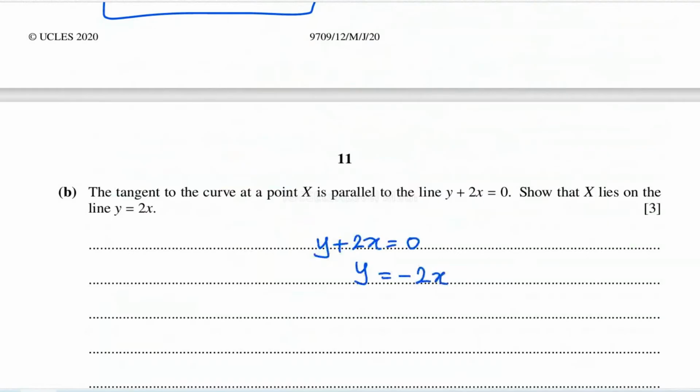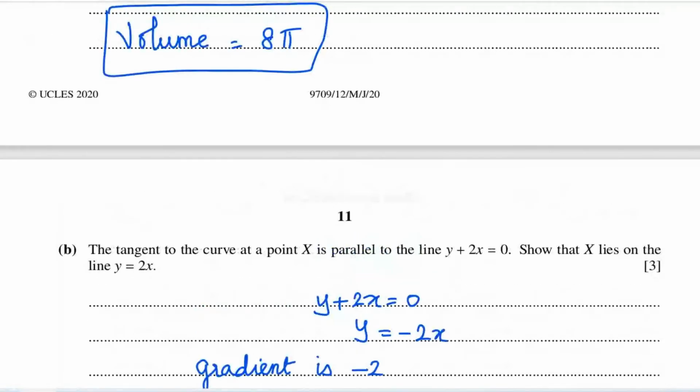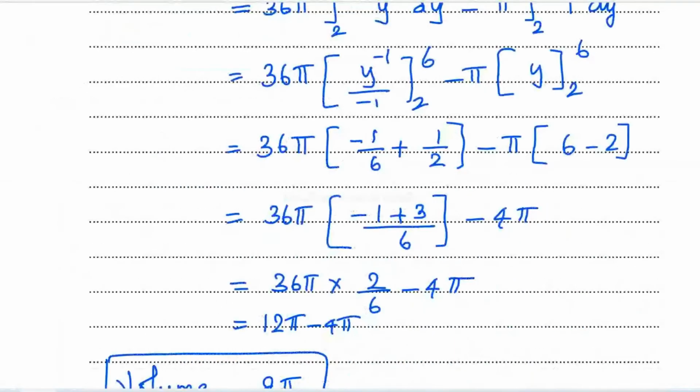Now the gradient of this line is negative 2.